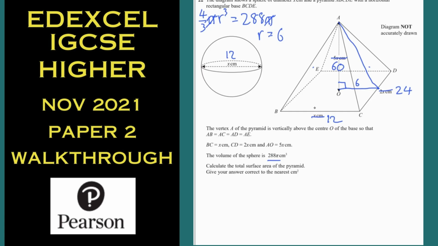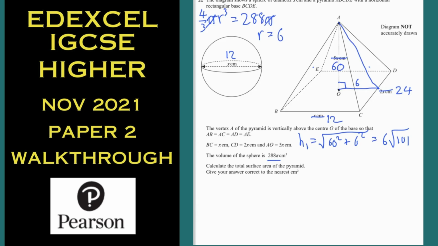So the distance from A to there, the height of triangle 1, is going to be the square root, because it is the hypotenuse. It's 60 squared and 6 squared, and calc will say 6 root 101, or the decimal equivalent, but I'd rather write the third.